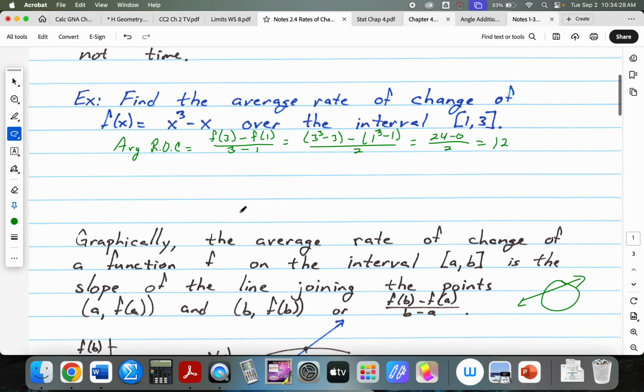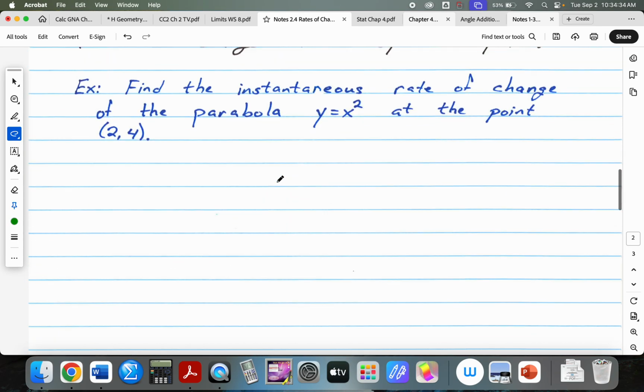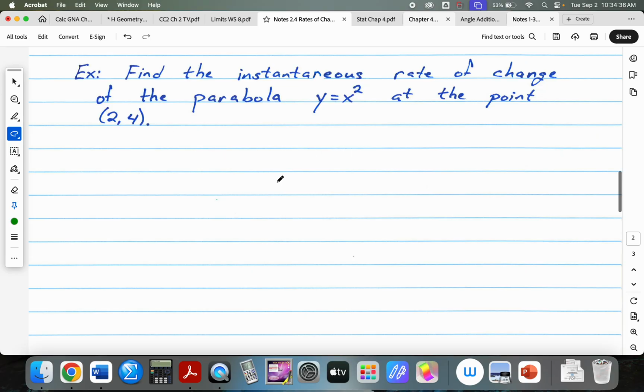Whereas up here, we had 2 points so we could find the slope, right? In this case, we've only got 1 point, and you can't find the slope of a line if you've only got one point. So we need an additional point. Here's what I'm going to suggest that we use.